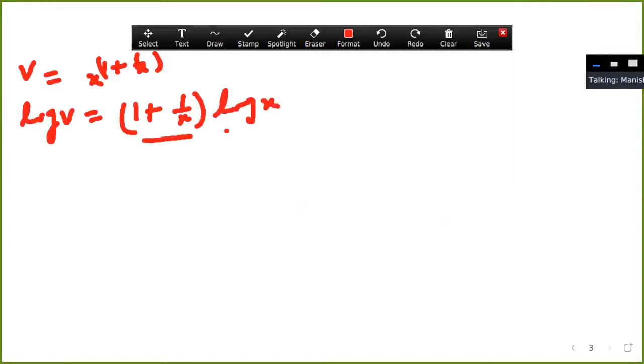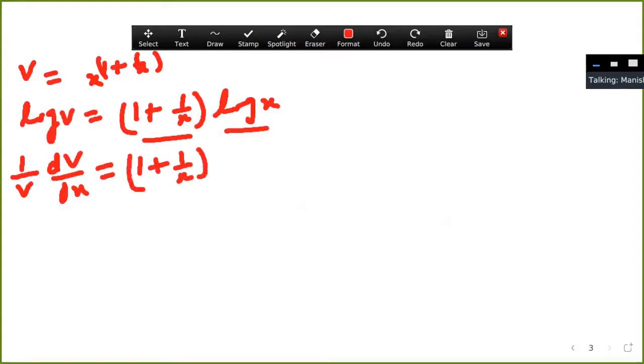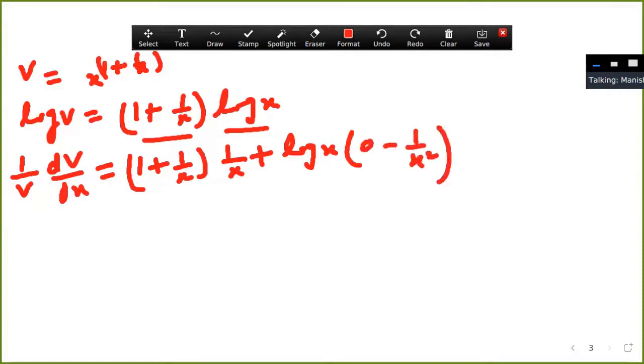Now applying u into v, this is 1 upon v dv upon dx is equal to (1 plus 1 upon x), first function as it is, derivative of log x is 1 upon x, plus log x as it is, derivative of second, 1 plus 1 upon x, 1 is 0 and it comes out 0 minus 1 upon x square.